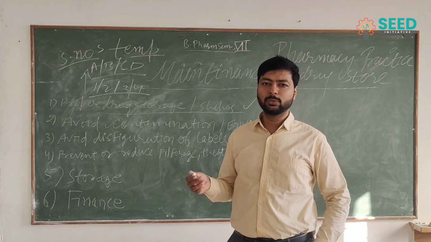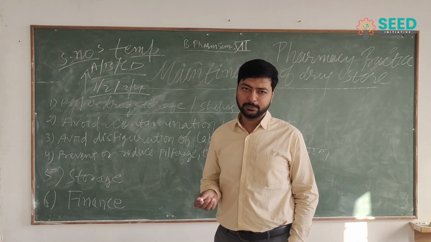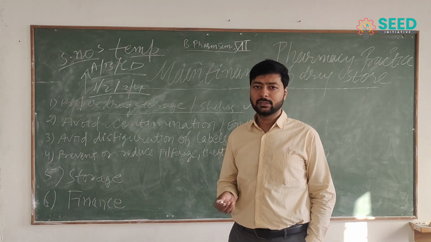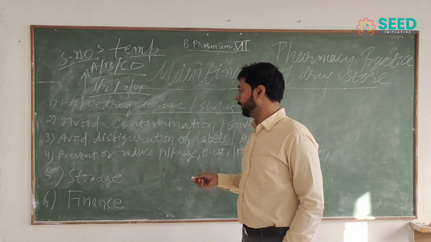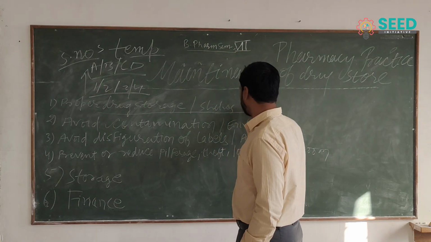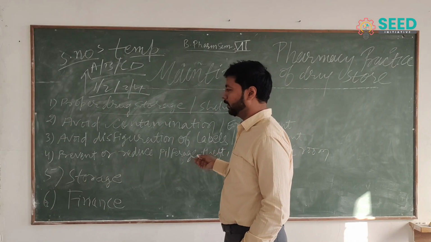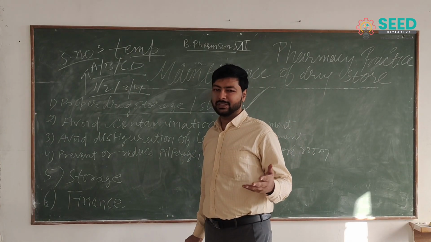So to maintain the room temperature via AC, air conditioners. So this is the proper drug storage. Proper drug storage in shelves is important because we do not give a contaminated product.